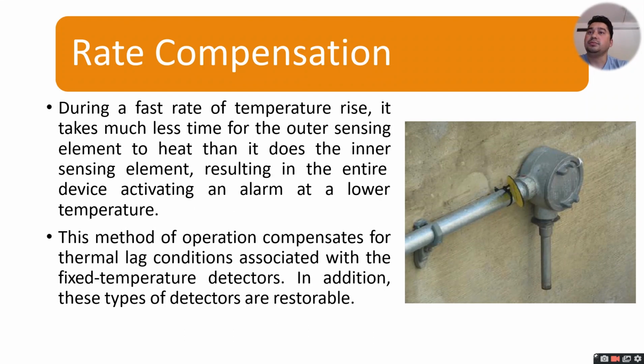During a fast rate of temperature rise, it takes much less time for the outer sensing element to heat than the inner sensing element, resulting in the entire device activating an alarm at a lower temperature. This method of operation compensates for thermal lag conditions associated with fixed temperature detectors. In addition, these types of detectors are restorable. So we can restore these types of detectors also.